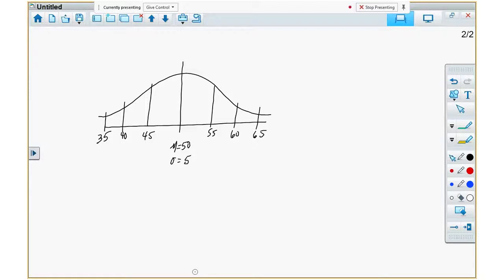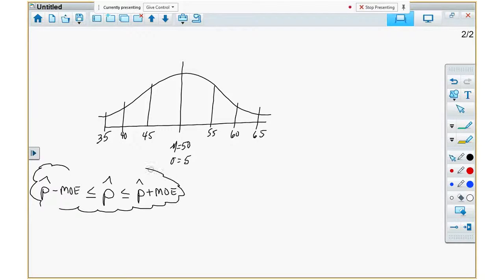So the confidence interval, P hat's in the middle, is going to be between your lower value and your upper value, which is going to be P hat plus the margin of error, and P hat what? Minus the margin of error. So this is what we call a confidence interval.